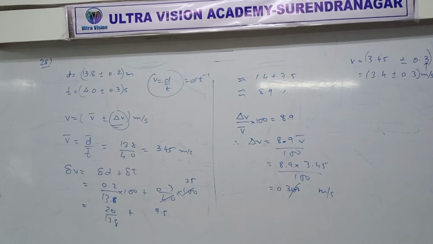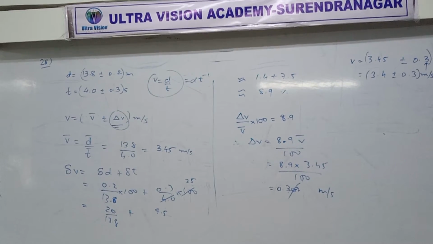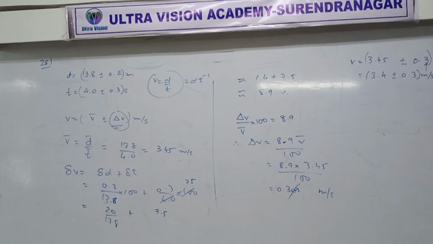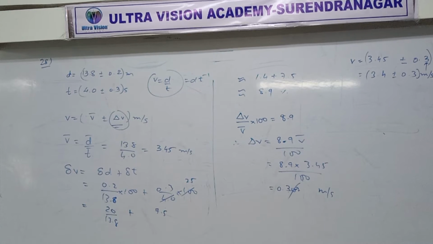Now, what's the relation between G and T and L for a pendulum? If you remember, very good. If you don't remember, it's given in one of the other questions. In fact, just the 29th question. You can start from there. Use that relation. G equal to 4 pi square L by T square. Did you see that? Very good. Use it. Start from there.